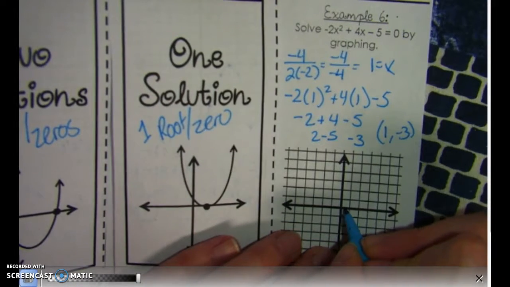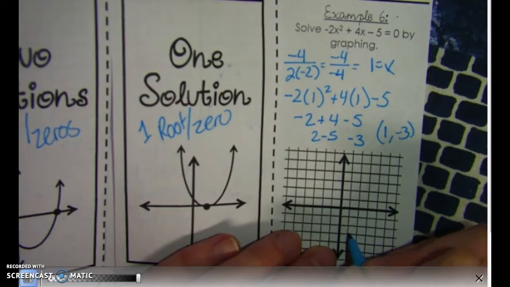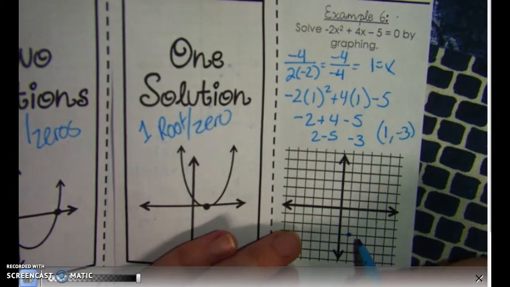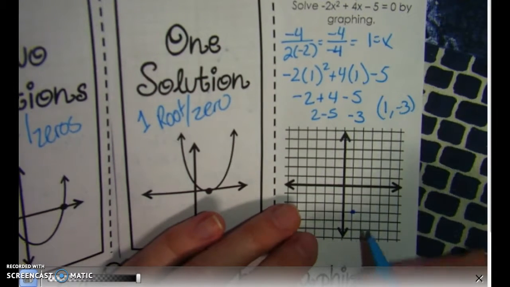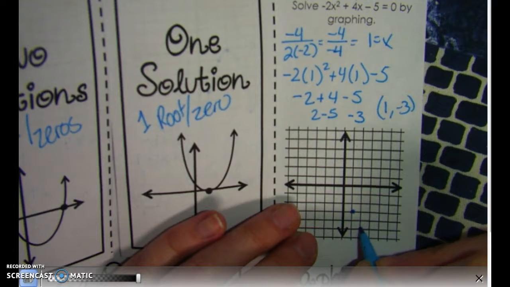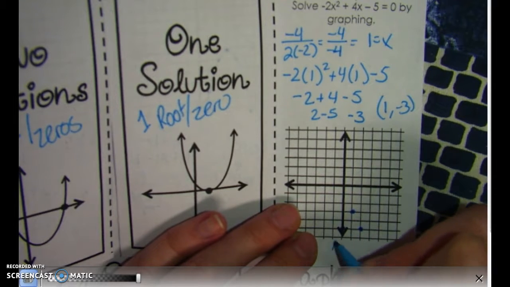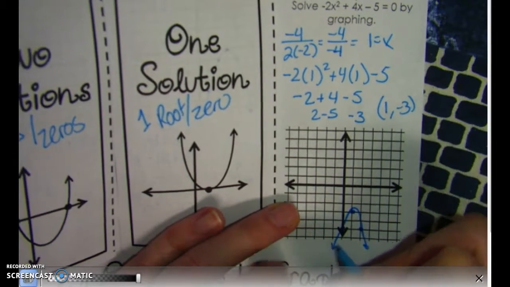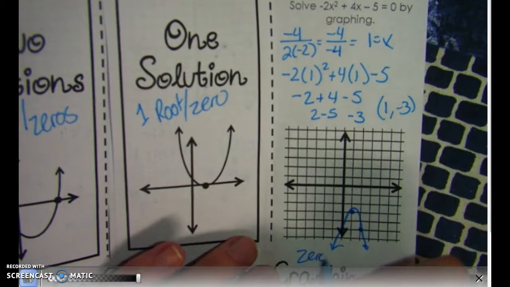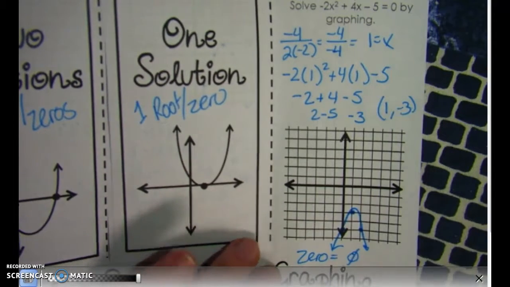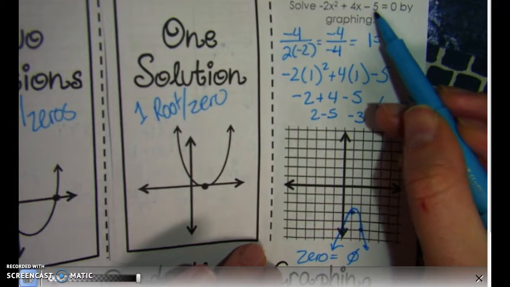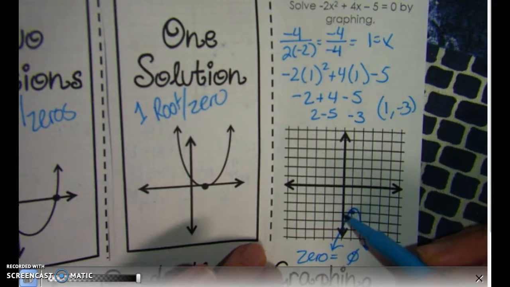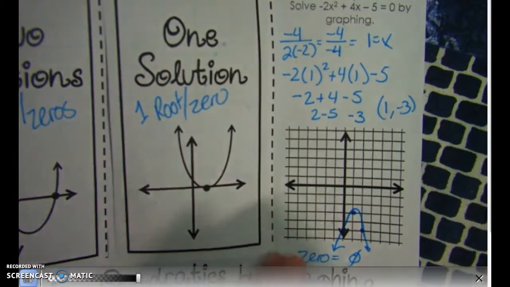And then go graph that. 1, 1, 2, 3. And remember my pattern here, my A is -2, so I'm going to go down 2 over 1. I don't cross. Again, my C term's -5. 1, 2, 3, 4, 5. And I cross at -5.